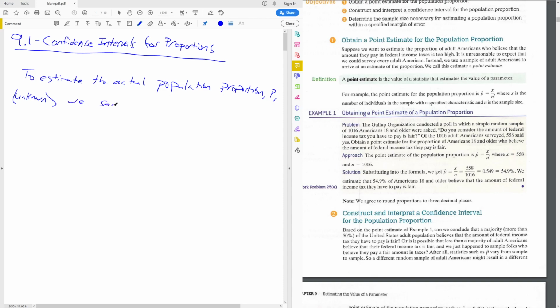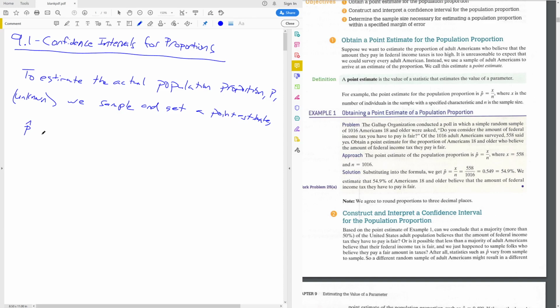We sample and we obtain a point estimate, and try to spell that right. That's where we use p hat.